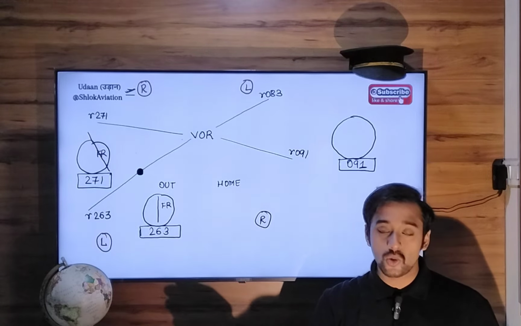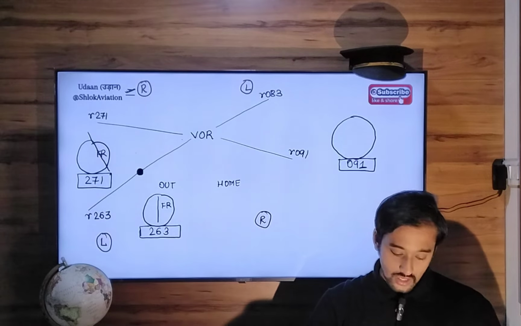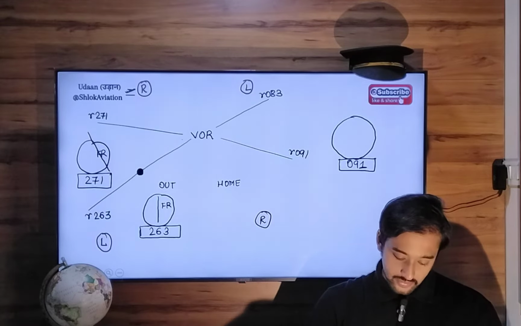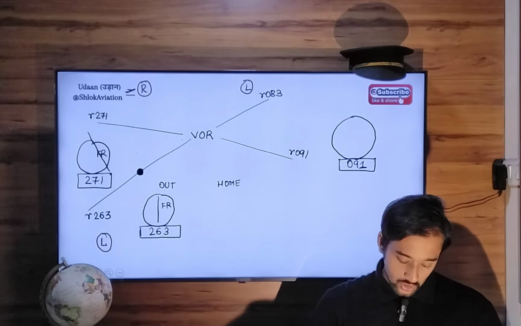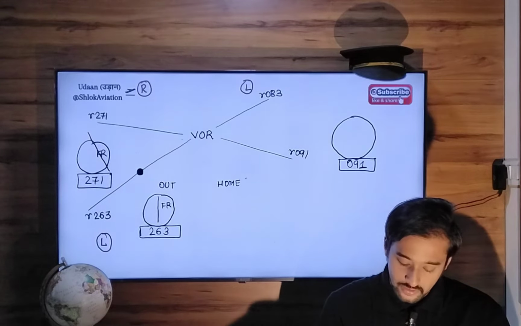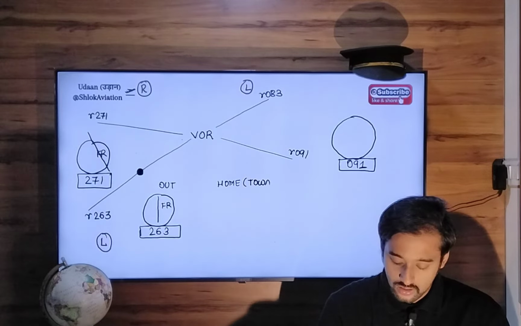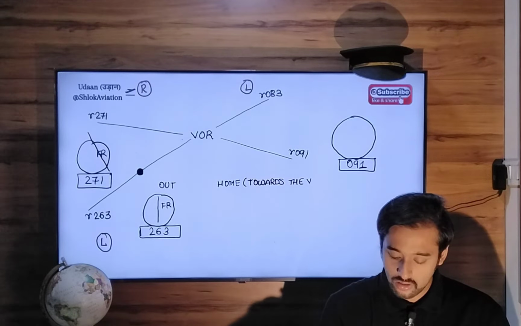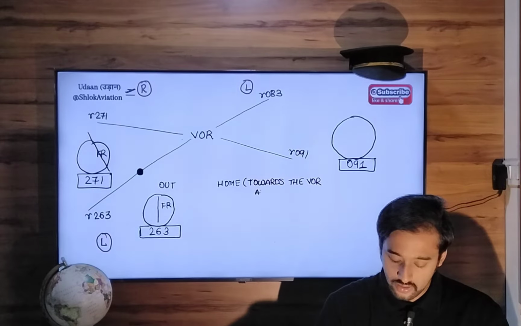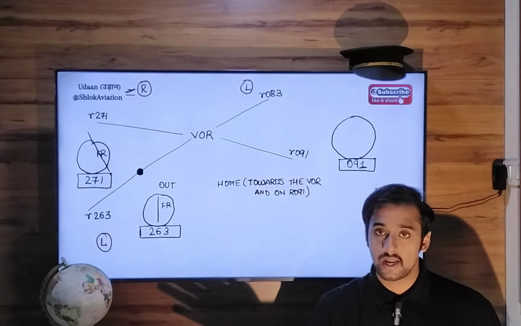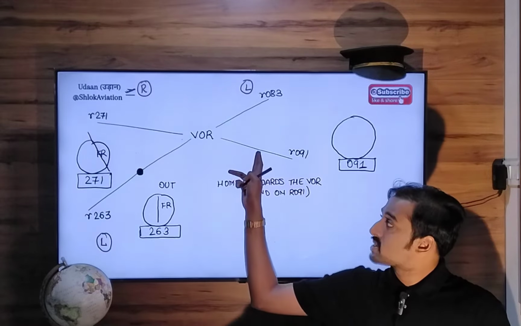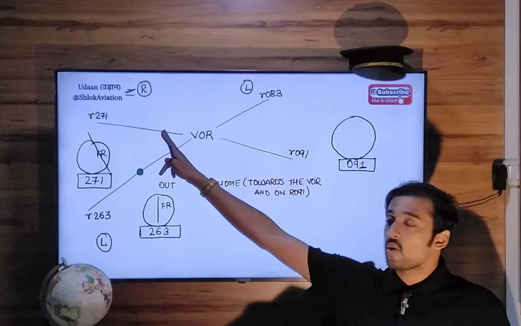So if you want to go towards the VOR and on radial 091, the reciprocal of radial 091 is what?